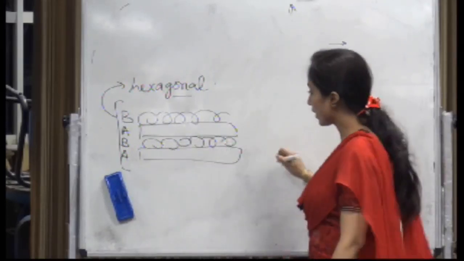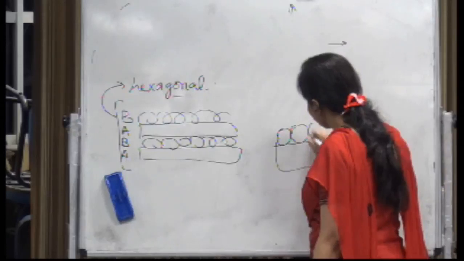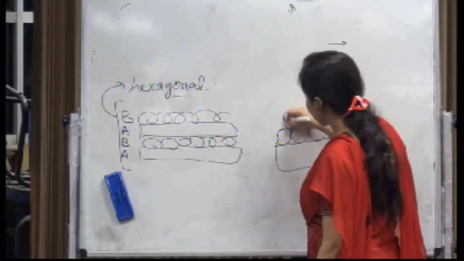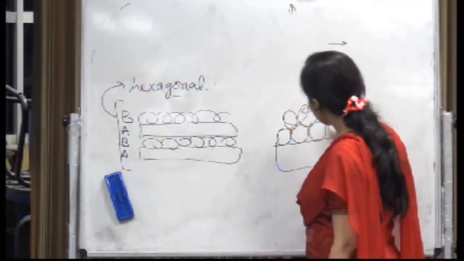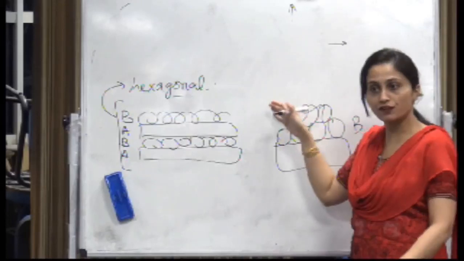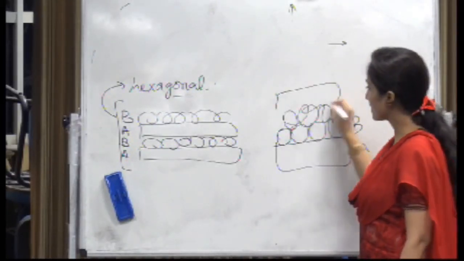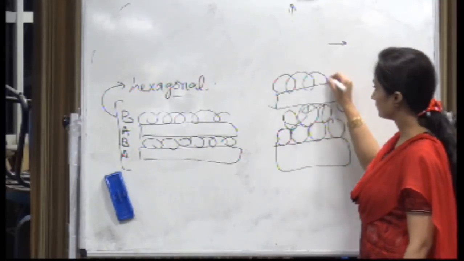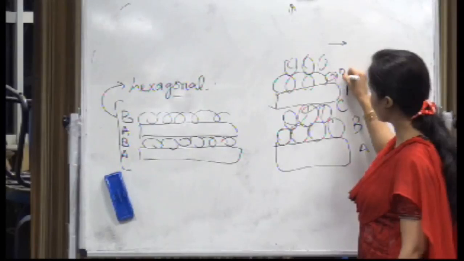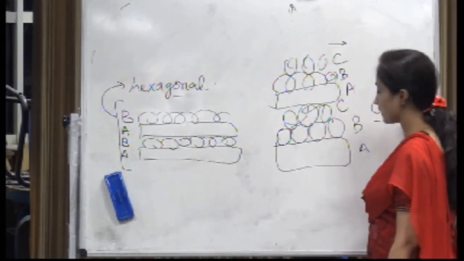Then what happens? If this is A and I placed the second on its depressions, and now I am placing a third layer on the depressions of this, then this would have been B, and the third's nature would have been absolutely different from the first, so you call it C, and then this repeats again. So this repeats ABC, and this is known as the CCP kind of arrangement in 3D.